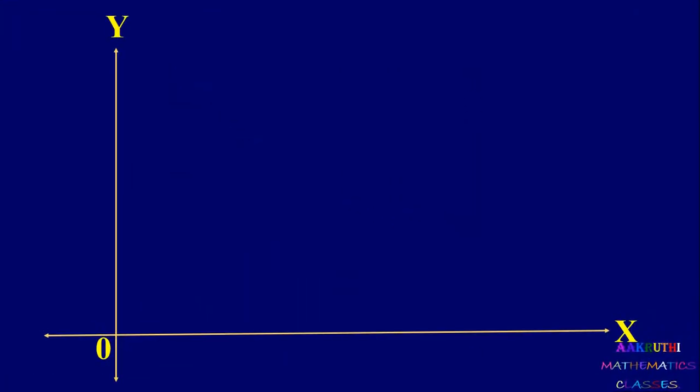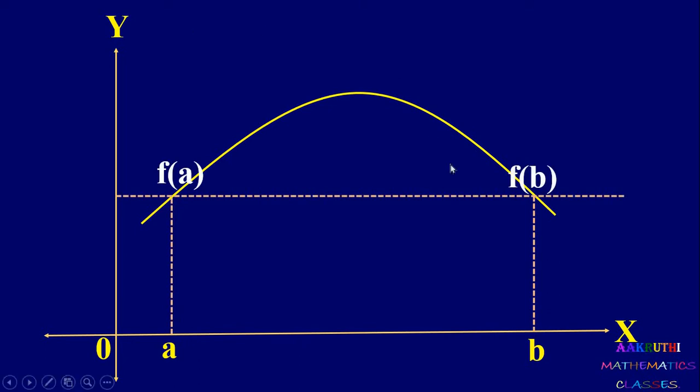We see the diagrammatic representation of Rolle's theorem. Consider a function which is continuous in closed interval a b and differentiable in open interval a b. Here f of a and f of b are same, that is, the value of the function at a and b are same.